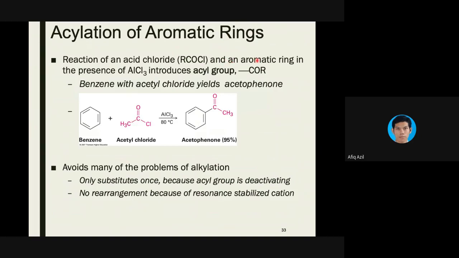With an aromatic ring in the presence of AlCl3, aluminium chloride, it still needs aluminium chloride as the catalyst, it will introduce an acyl group. What is an acyl group? It is C double bond OR. What you see here is that the Cl is removed, and the bond is made straight between this carbon and this carbon. So it avoids many of the problems of alkylation.